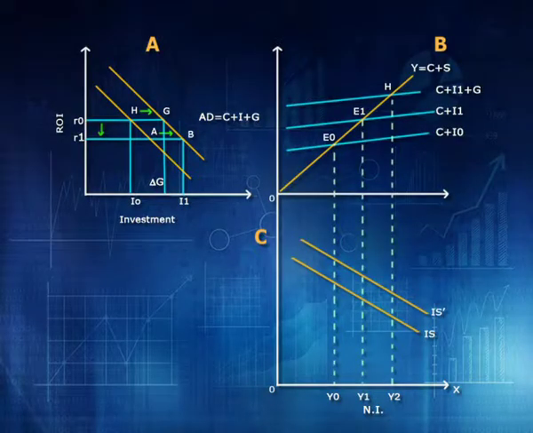In figure A, we can observe that with decrease in interest rate from R0 to R1, investment increases from I0 to I1. Whereas in figure B, with the increase in government expenditure, the total expenditure increases from C plus I0 to C plus I1. When autonomous expenditure increases, the shift is to C plus I1 plus G. In figure C, national income has increased with the expenditure of the government.